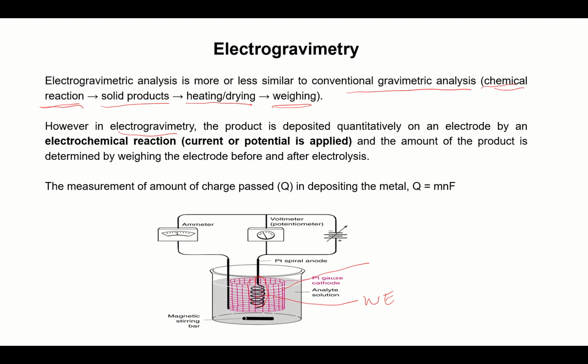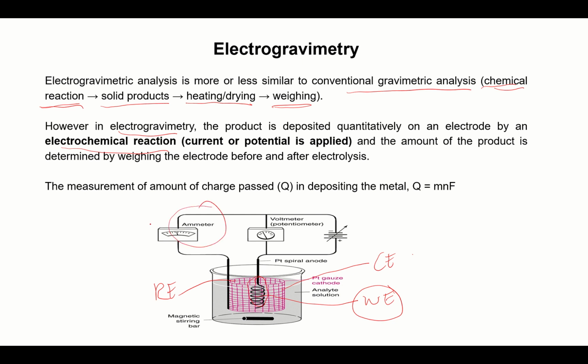In this case, platinum goes as cathode or the counter electrode. The reference electrode should be included in here. So what is your target is the working electrode, the substrate. The electrochemical reaction will undergo at this working electrode, so the deposition of product will be formed on the working electrode.